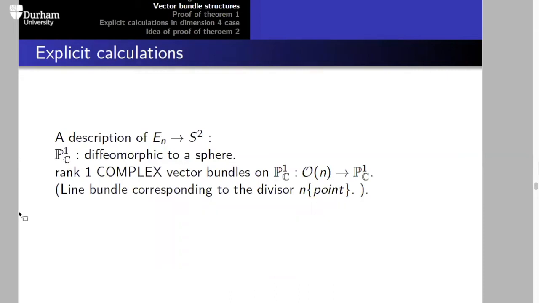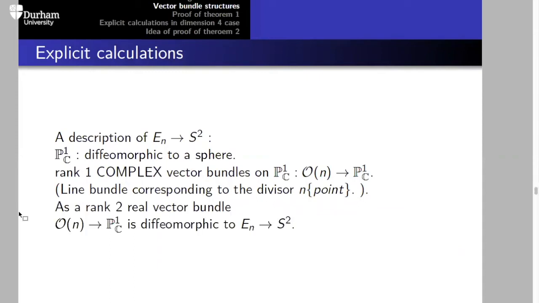And rank 1 complex vector bundles are given by the Picard group. They're line bundles. Each line bundle corresponds to a divisor. So if I take the section of the line bundle and I look at the 0 section, it has a divisor, and ON is the line bundle which corresponds to the divisor n times a point. So O1 is the generator of the Picard group.